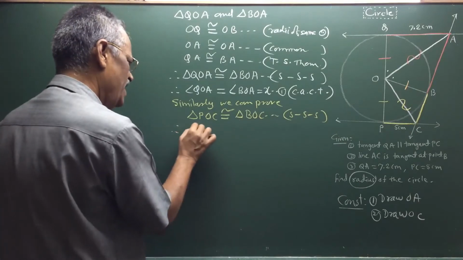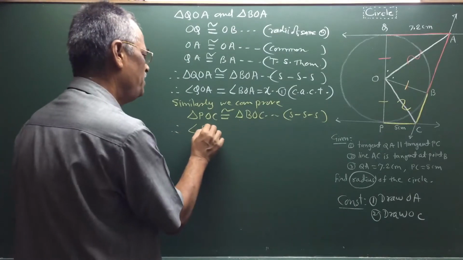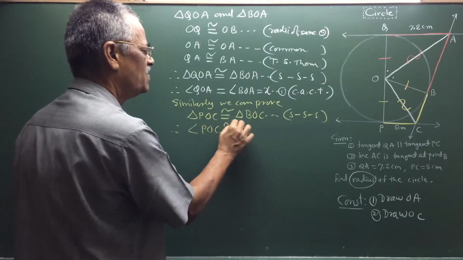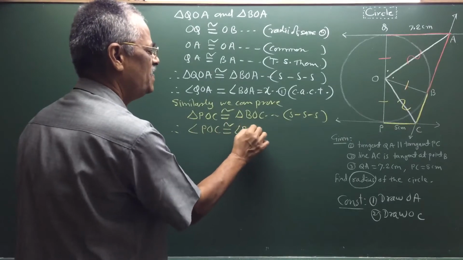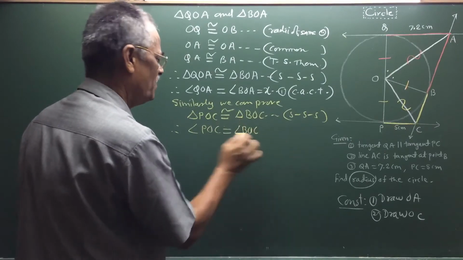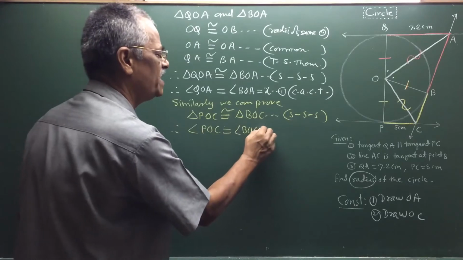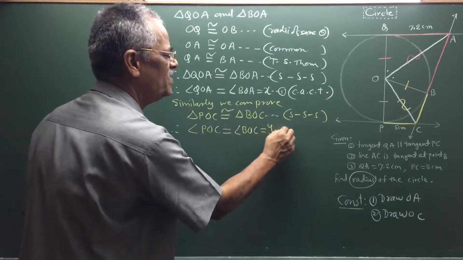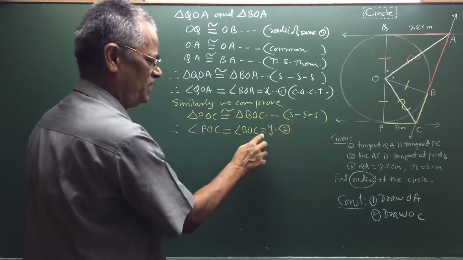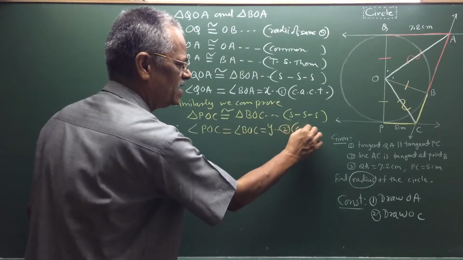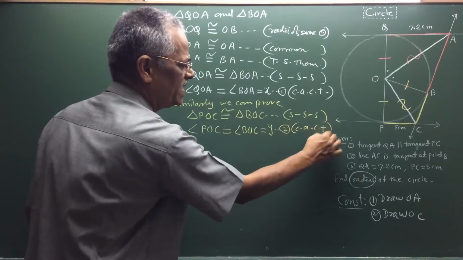And definitely corresponding angles POC and BOC are equal. Let it be equal to y. Reason: corresponding angles of congruent triangles.